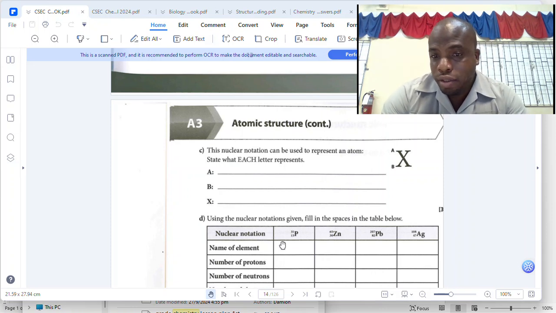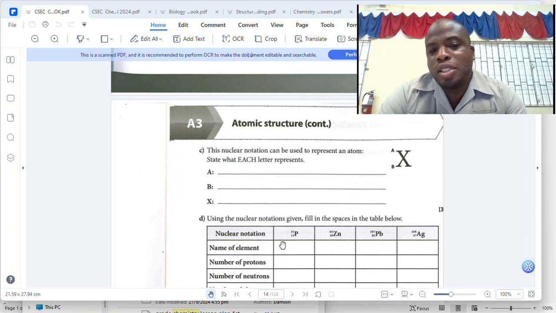This is the way CXC gives you questions about atoms, or any other topic that will have the display of the symbol and other information about an atom. This is the form that it will come in.